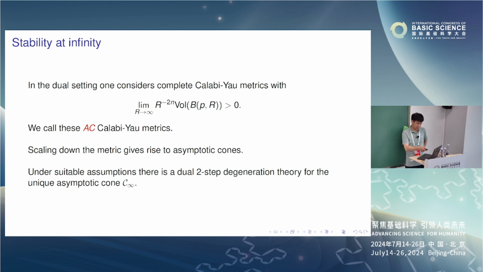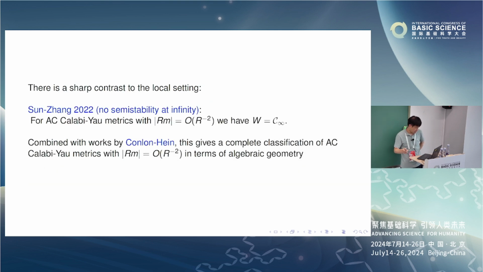So not surprisingly, there's also a two-step degeneration theory for the asymptotic cone. But the surprising thing for us is that the difference is that you only need one step. So W is always the same as C. We prove this under the assumption that the curvature decays quadratically fast, and we conjecture this is true in general.